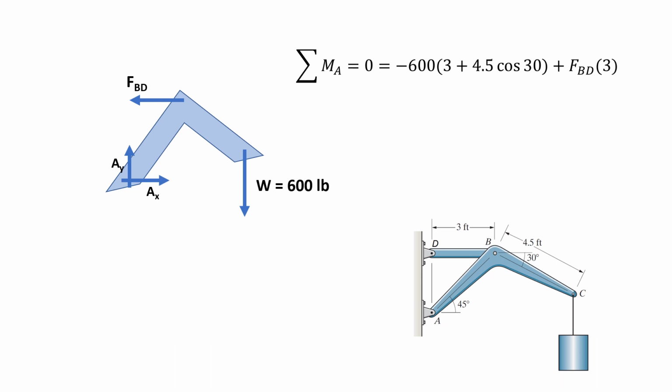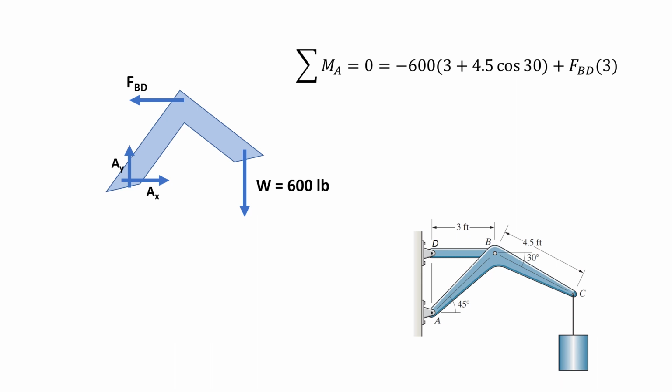Because AY, which is an unknown, as well as AX, do not have a moment at A. Hence, they will be out of the equation, and we would be able to solve for FBD immediately.